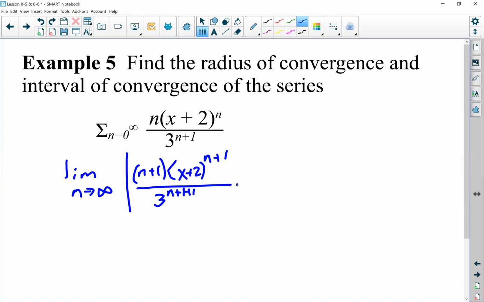So rather than writing it as a fraction first, just write it as the product of the reciprocal of the denominator. Does that make sense?